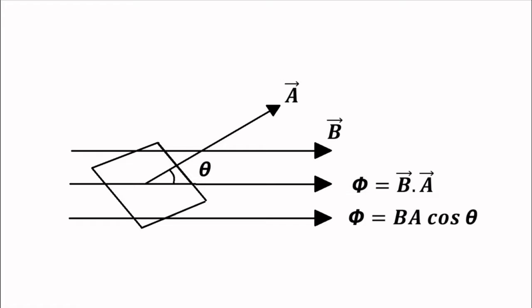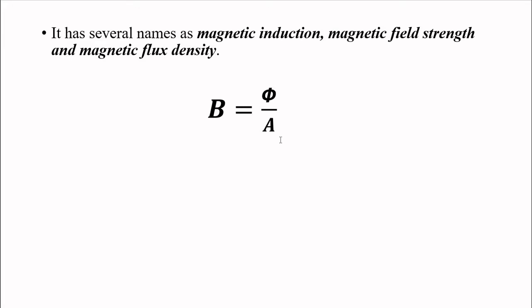The number of lines passing through the surface, that is the magnetic flux. Now it is related with magnetic flux density as the flux being the dot product of the magnetic flux density and the area vector, B vector dot A vector. Or we can say that the magnetic flux density B is the magnetic flux per unit area.